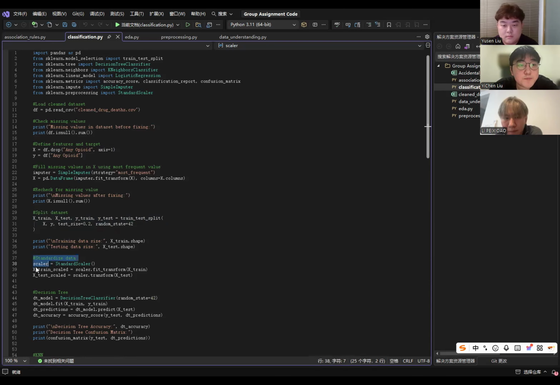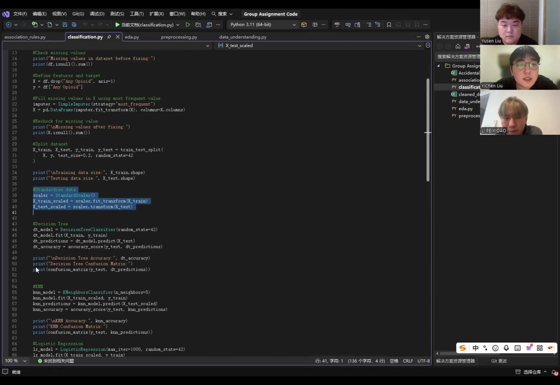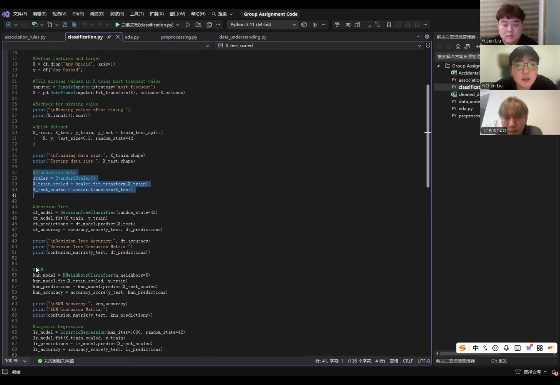Next, we standardize the data for KNN and logistic regression. Scaling is needed because these algorithms are affected by differences in variable ranges. Decision tree doesn't require scaling, so we keep its input as original.